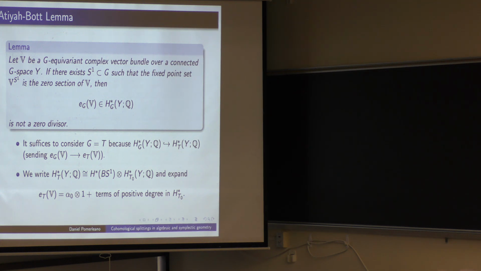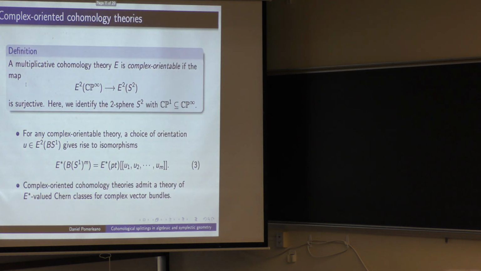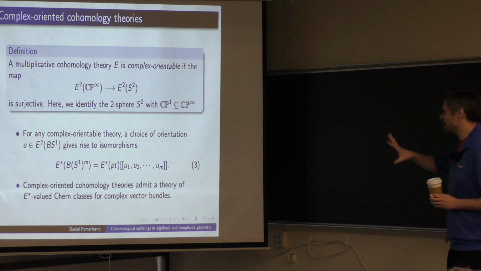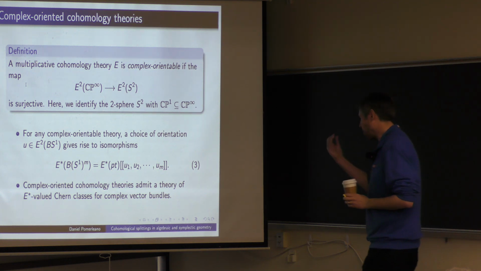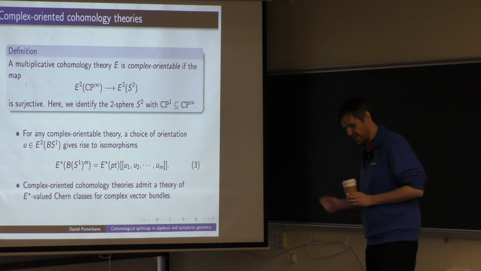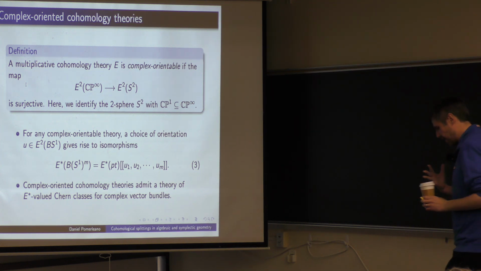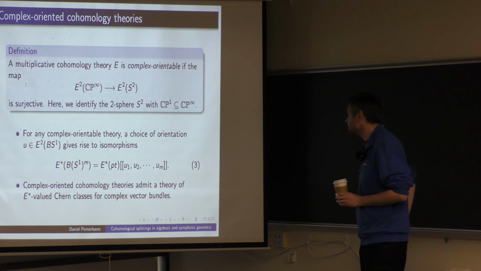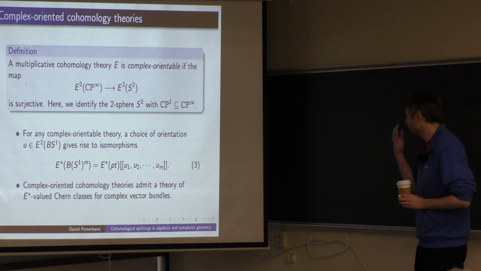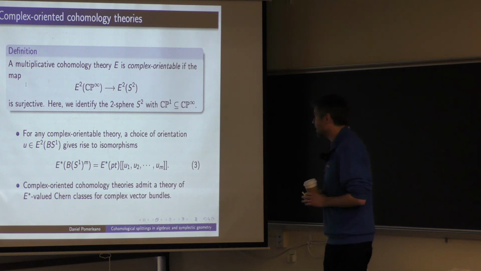There's a general class where you can make sense of these, where the cohomology of BS1 has exactly the same sort of structure over the cohomology of a point, and where the Chern classes are easy to calculate. That's called a complex orientable theory.